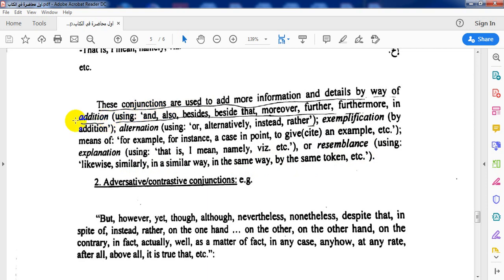So these are the functions done by additive conjunctions or connectors.